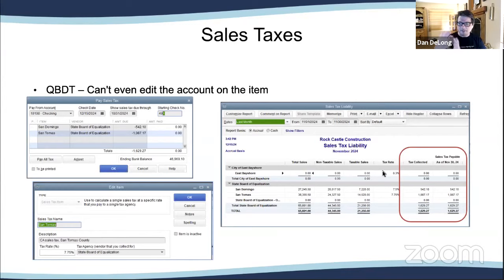So this report, the sales tax liability report, is a way for you to realize and do your detective work. You drill in on the sales tax payable amount here, and then look for transactions that are outside of the normal workflow.